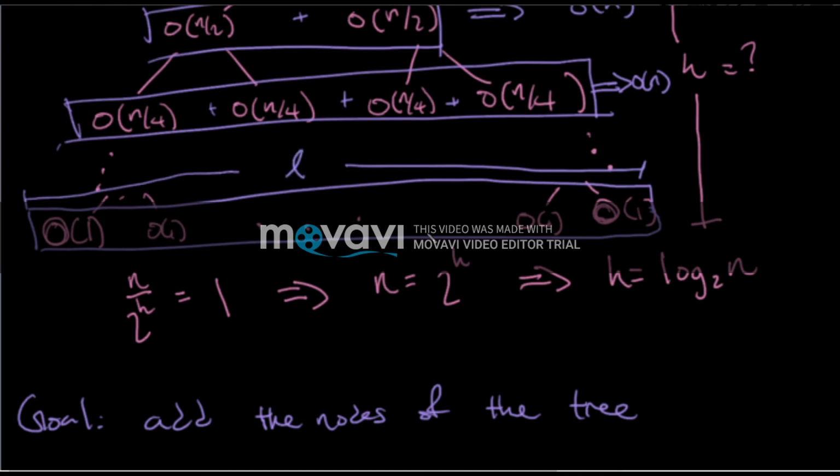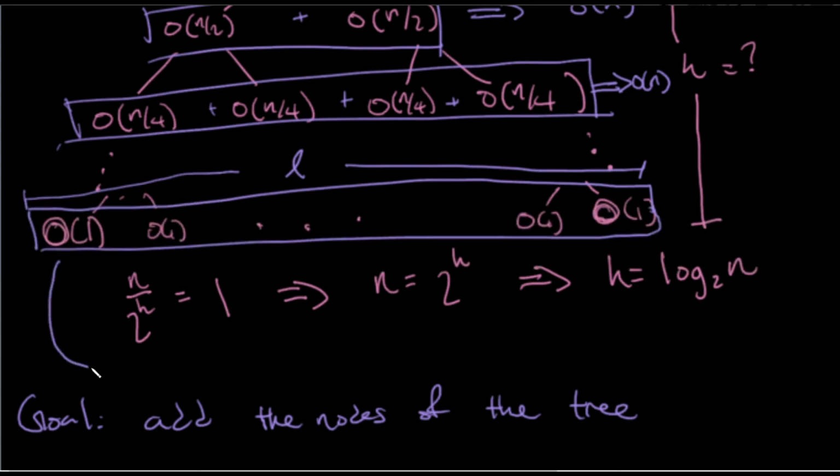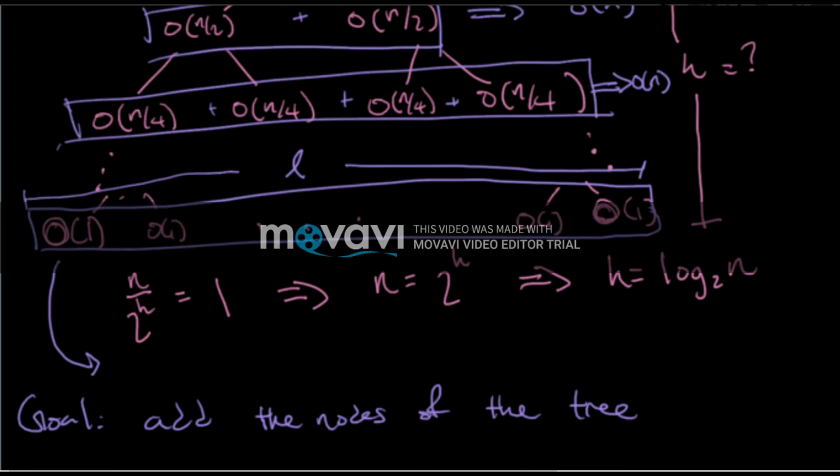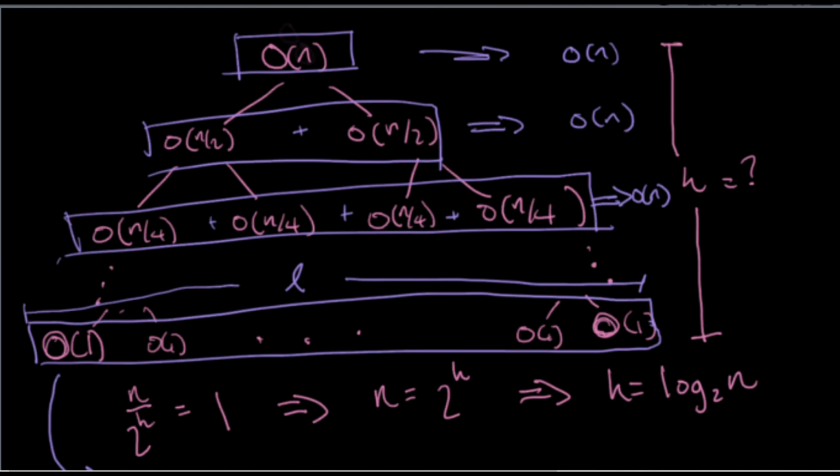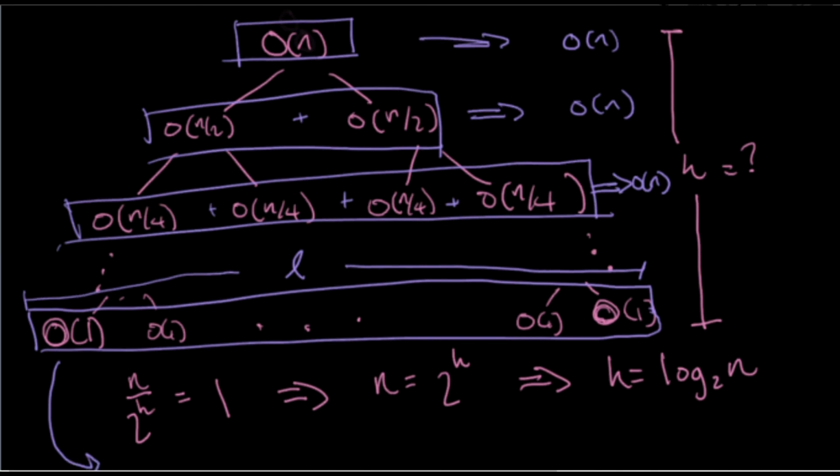I'm just going to do some scratch work here. We're going to start with one node. And what's our rule for the number of nodes in each level? Well, the number of nodes in each level doubles every single time we go down a level.